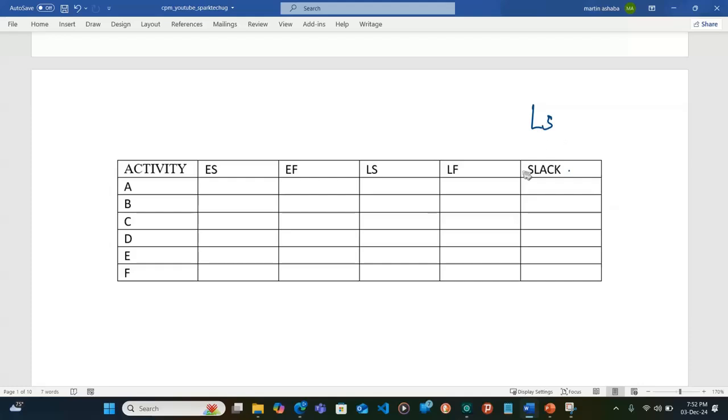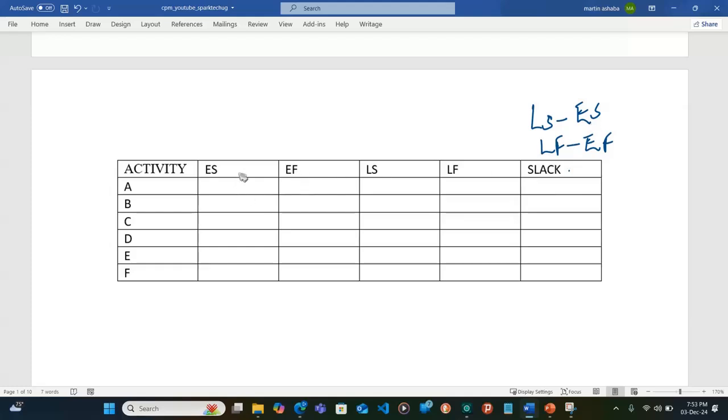So we find that slack is the same as total float and is the same as LS minus ES, or you can take it as LF minus EF. So all these formulas must give you the same answer.